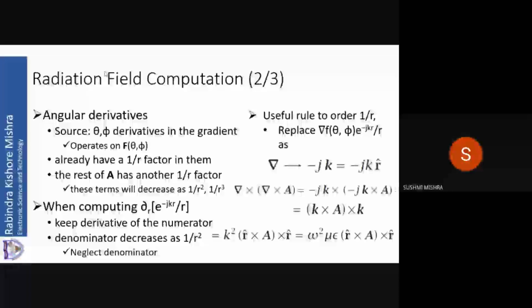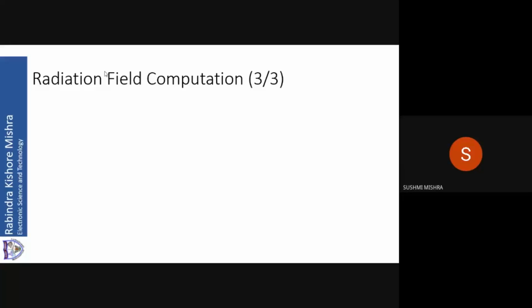Now k square is equal to omega square mu epsilon, or you can also write that as omega square by c square, and the rest of the terms remain as they are, r cap cross A cross r cap. This is a useful relationship that we are going to use when we calculate the fields.